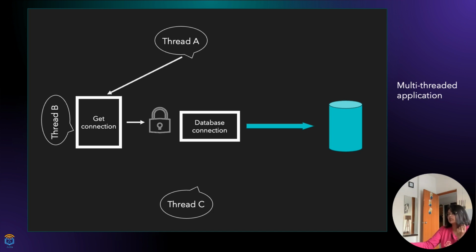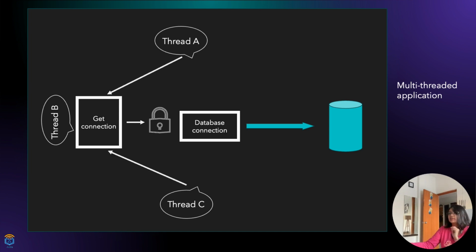So it will create the object, fetch the data from the database, and done. It will release the lock. Now thread B, when it enters the lock, because it was waiting on the lock, right? When it enters the lock, it will see that the database connection is already created. So it will simply fetch the connection and then perform its activities.